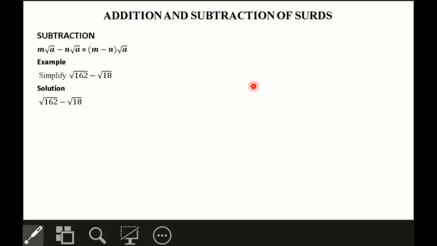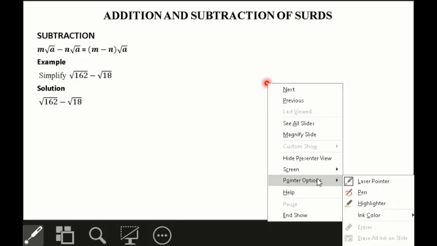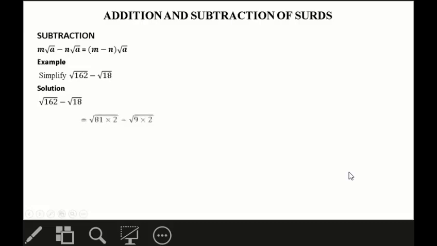So let's see. Good. So we have root of 81 times 2 for the 162. Then we have our minus here. Then the root of 9 times 2 for the 18. Good.